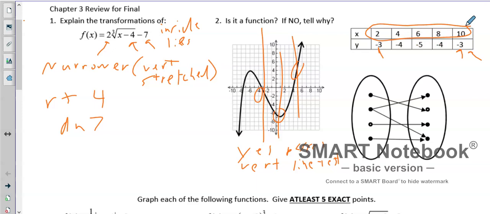All one input, so it's yes. And the reason is each input has only one output. Repeats in the Y are okay. It's repeats in the X that we don't want.